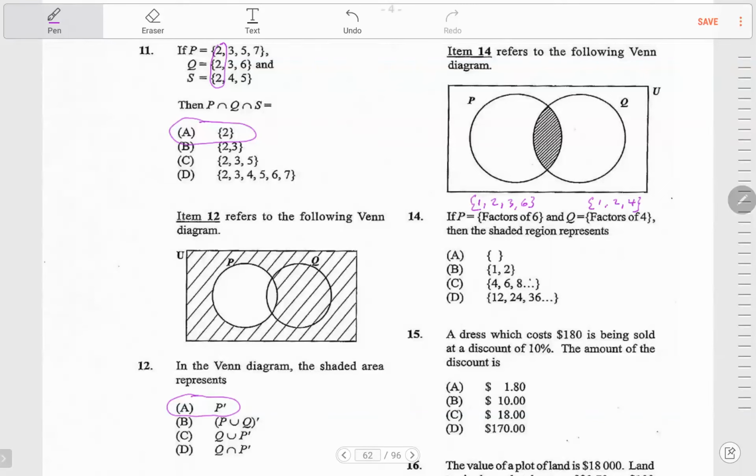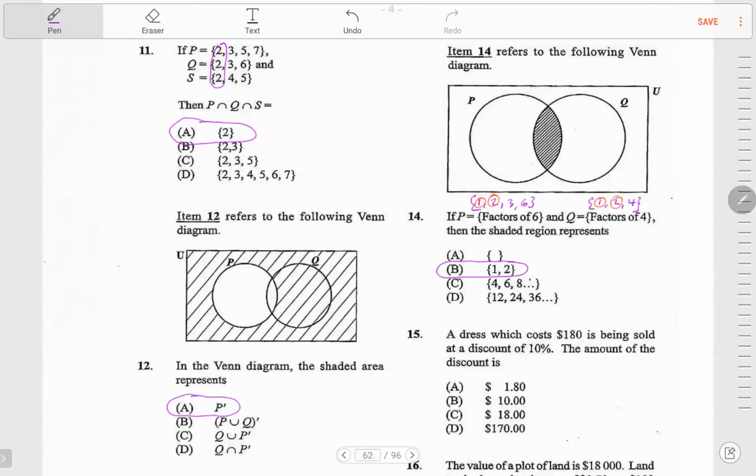And the question is asking for the shaded region. The shaded region is the intersection. So the intersection would be the 1 and the 1 and the 2 and the 2. So the intersection will be the 1 and the 2.